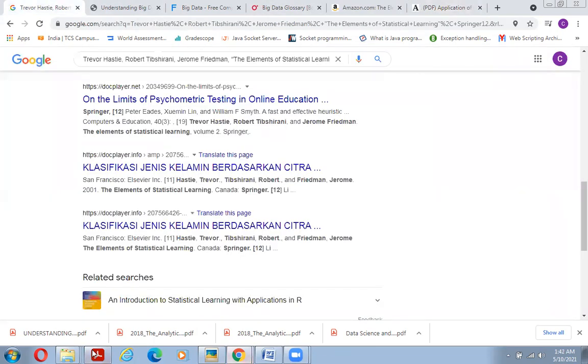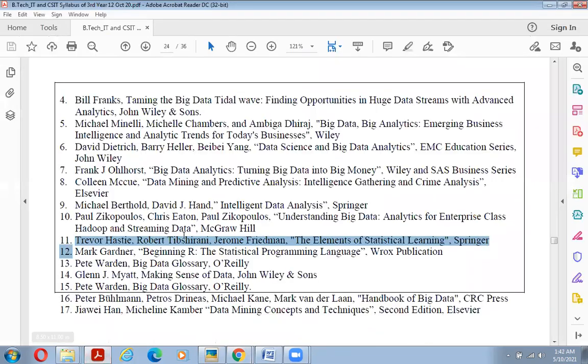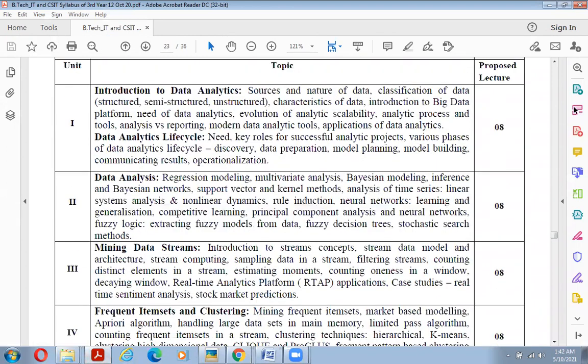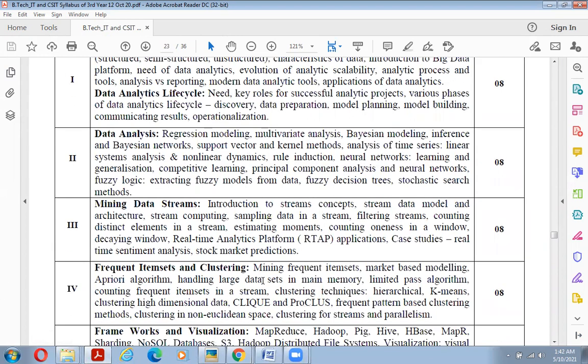Just understand this new subject. We don't have any concise book for it. We need to prepare notes as we proceed with our learning. The first unit is all about introduction. The second unit is all about life cycles. The third unit is about analysis, how analysis is done on the various platforms, where data mining concepts will be used.